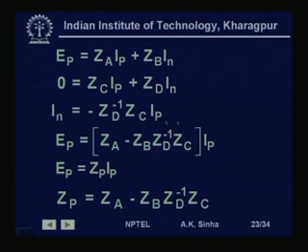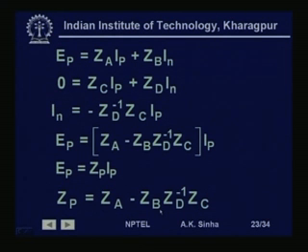So, In is given by this relationship, minus Zb into Zd inverse into Zc Ip. So, we have substituted for In from here, and then we are writing this expression like this. Now, we can write this whole as Ep is equal to Zp into Ip, where Zp is this matrix here. This will be a 3 by 3 matrix. Zp is equal to Za minus Zb, Zd inverse Zc.